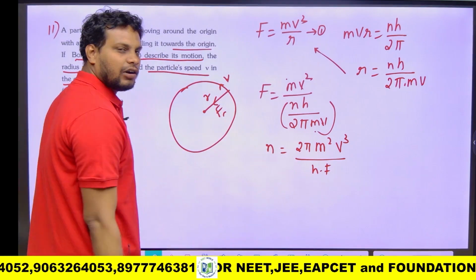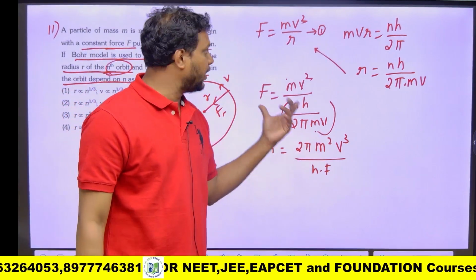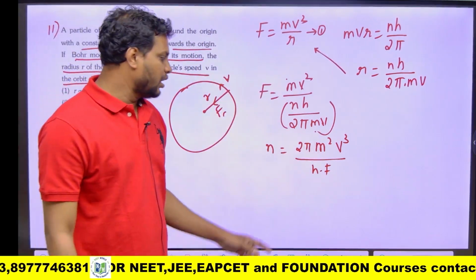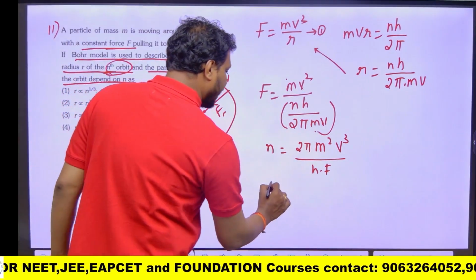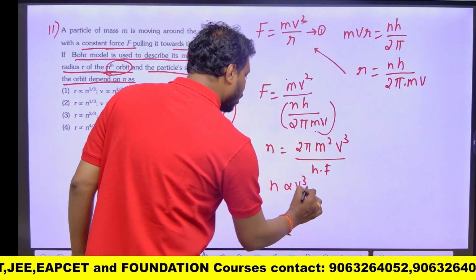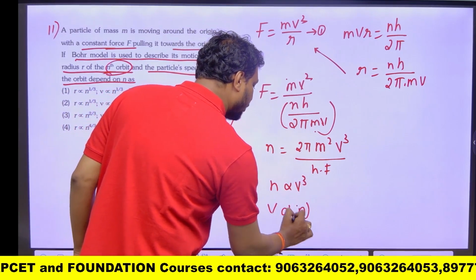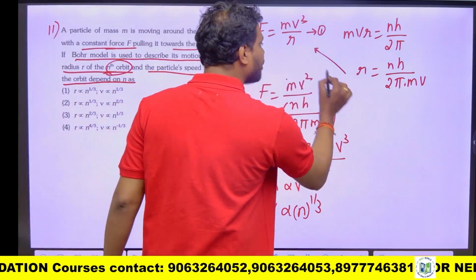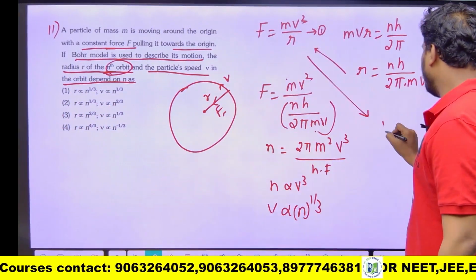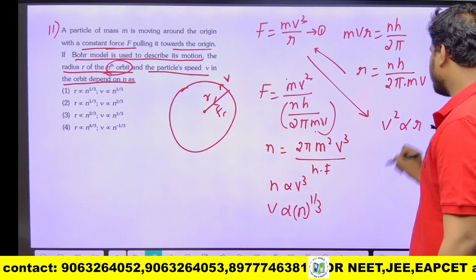Here 2 pi is a constant, m is the mass of the electron or the particle which is constant, h is Planck's constant, and the given force is also constant. Then n is proportional to v cube, or v is proportional to n to the power of 1 by 3. Now from equation number 1, we can say v square is proportional to r.